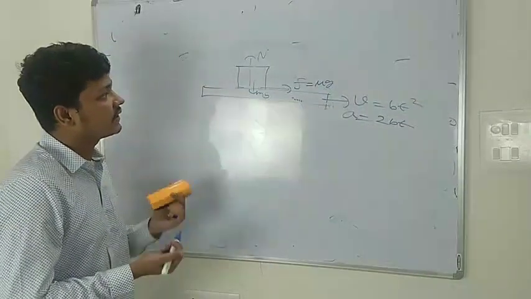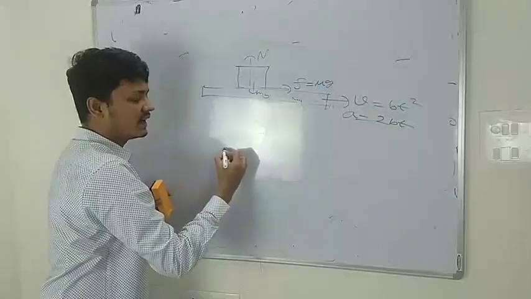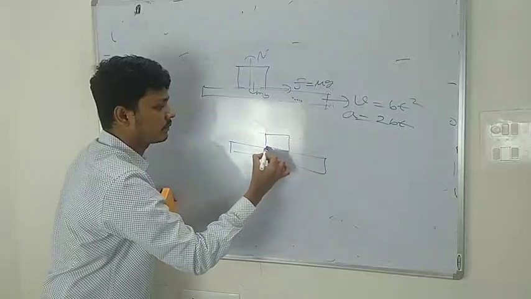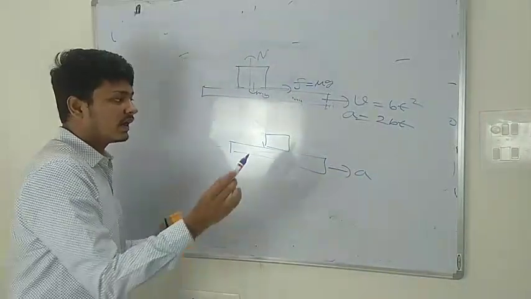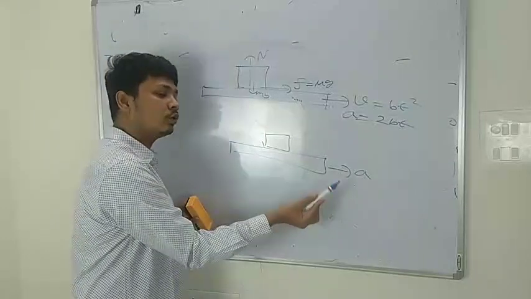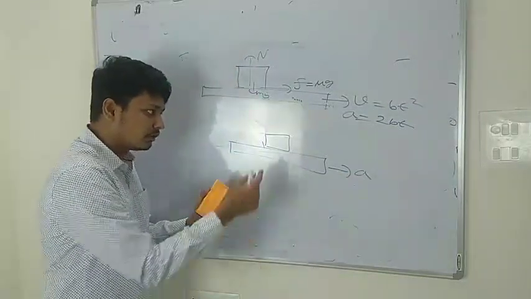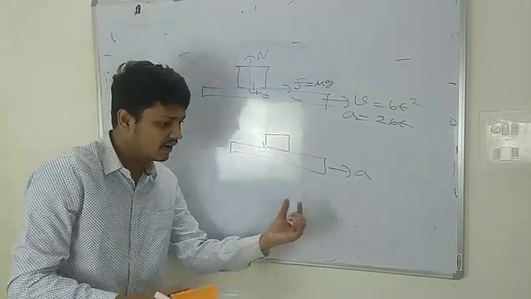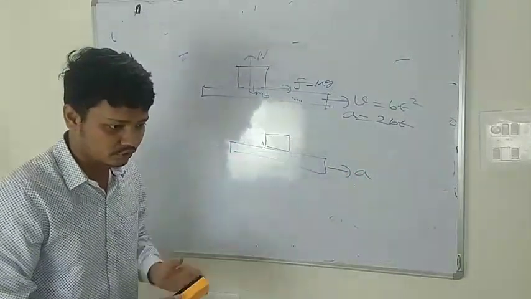So what I was saying is, forget about b t square. Let me consider just a normal case, then I will go to this question. This is moving with an acceleration a. What is the minimum value of a such that there will be no relative motion, and if I increase the acceleration beyond that value, there will be relative motion?